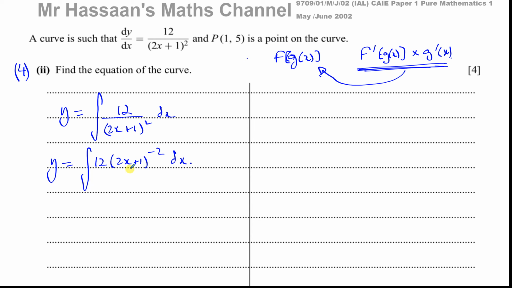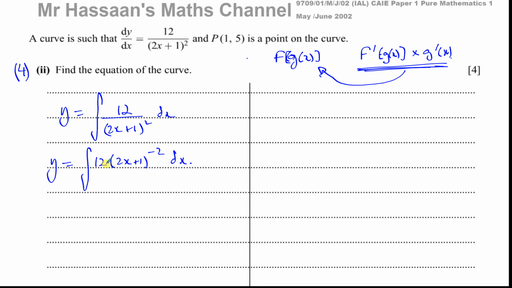Inside this function is 2x plus 1. If I differentiate 2x plus 1, I get a constant. Now this is also a constant. I could write this as 6 times 2, right? So it's like this is being multiplied by the differential of what's inside the function, or something of that same order. It's a constant. So in this case, I can reverse the chain rule.